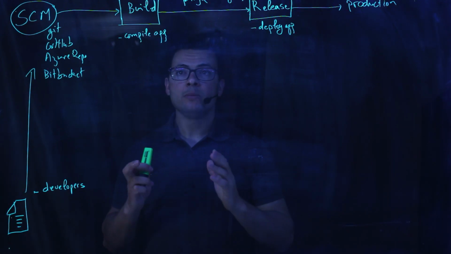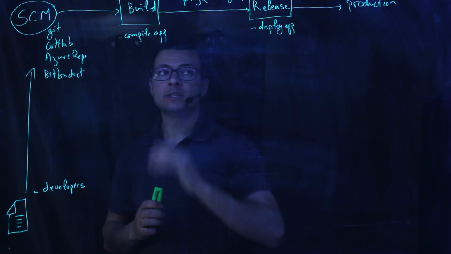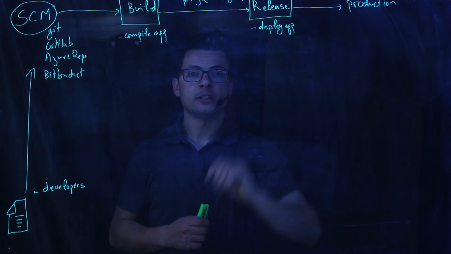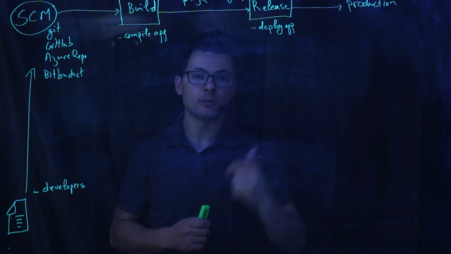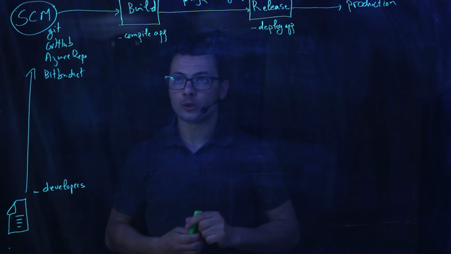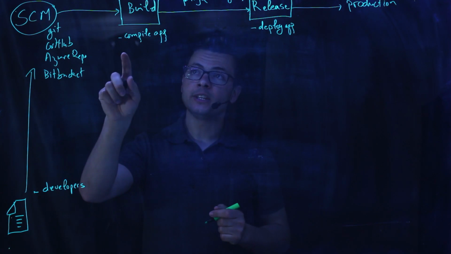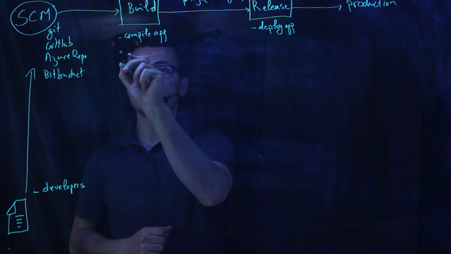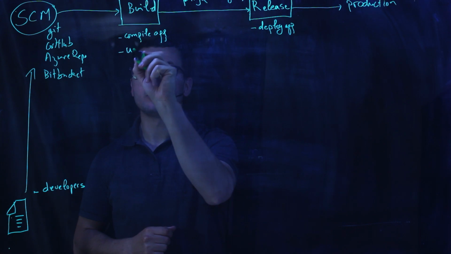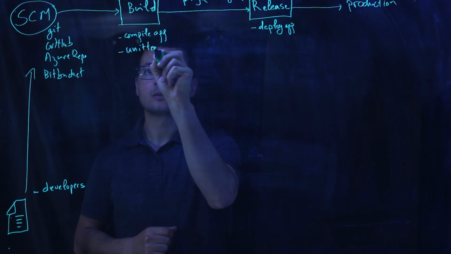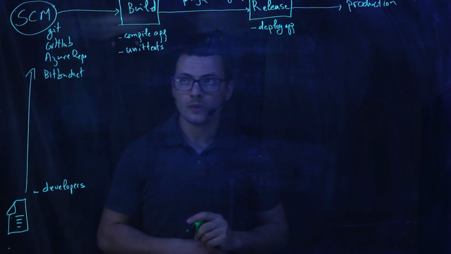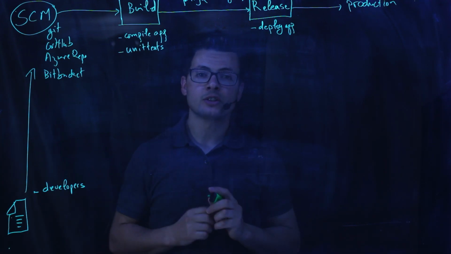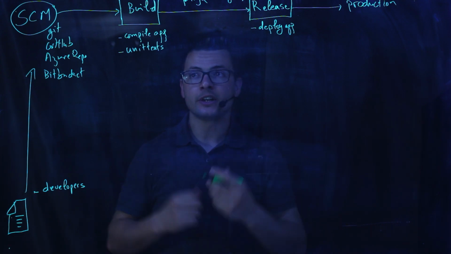But maybe we want to add more steps here in order to make sure that this package that we want to deploy doesn't have bugs and doesn't have anomalies. For that, it would be great if I could run my unit tests during the build pipeline. So during the build, I'll add another step, which is running my unit tests. I can add another step to make sure my package is good and is ready to be deployed.